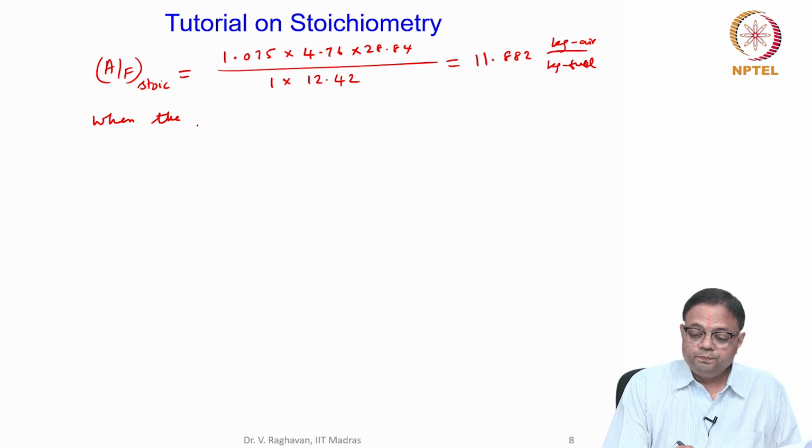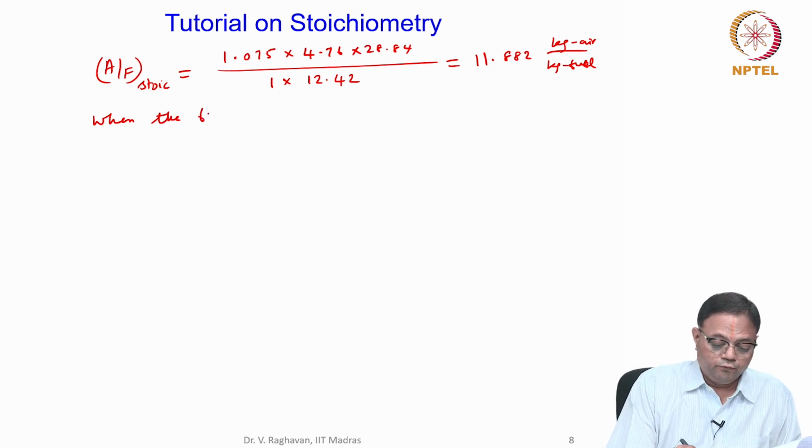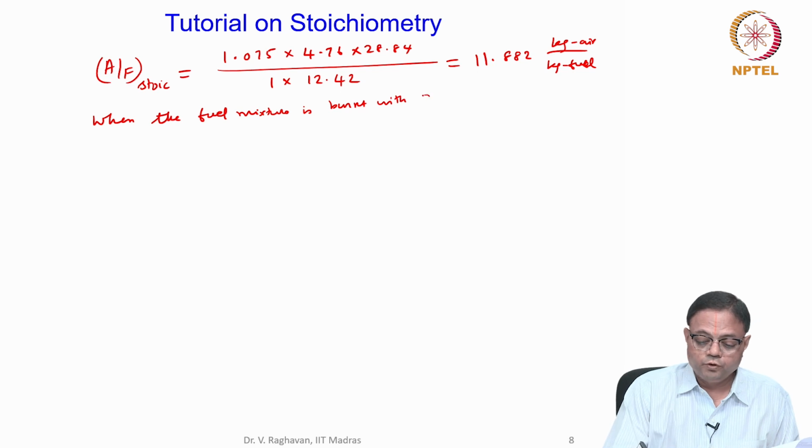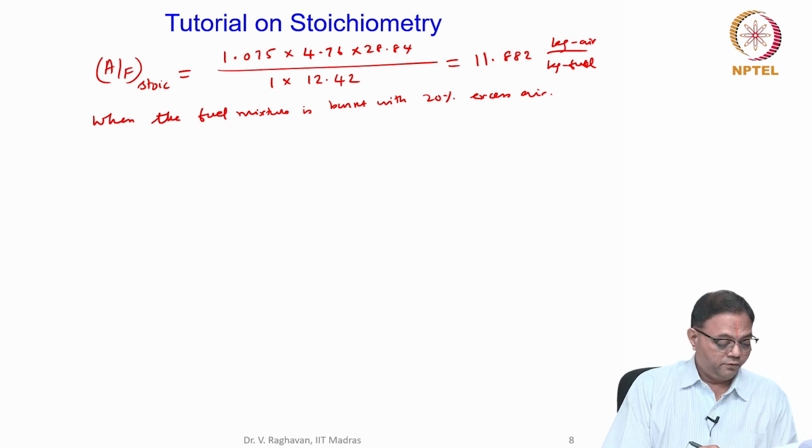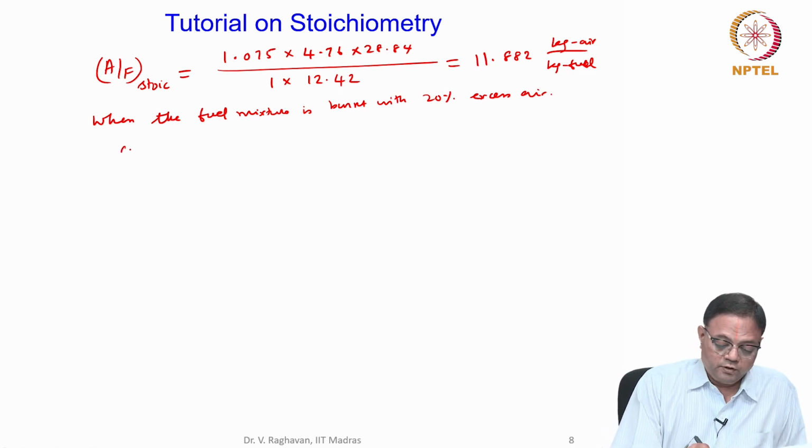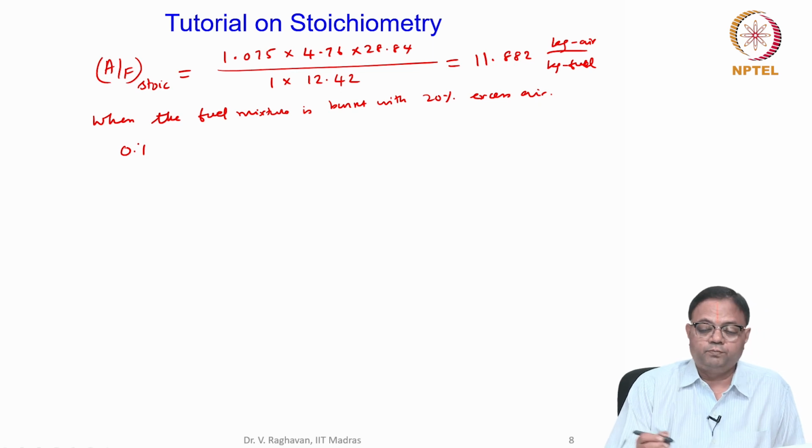So when the fuel mixture is burnt with 20% excess air, I will write the equation as I want to find the product.